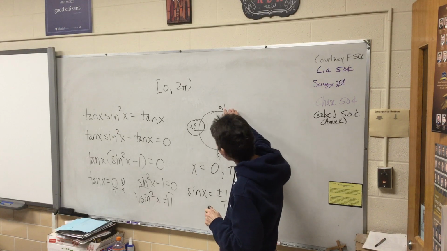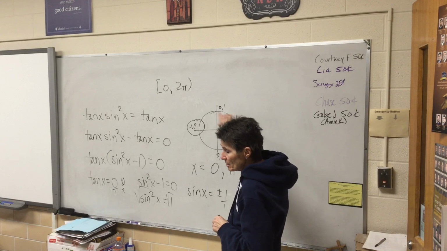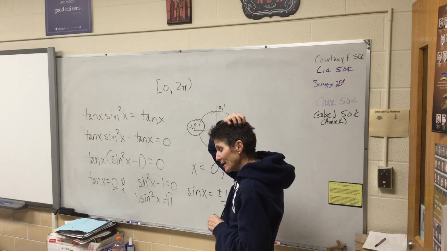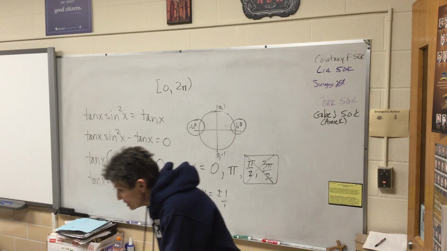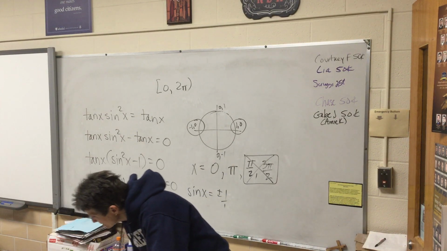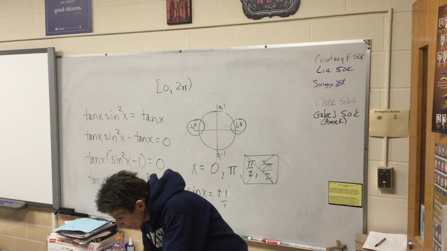But tangent is not okay here because it is undefined. So we always kind of have to keep that in the back of our minds. All right? And you're going to keep that in the back of your minds until we do this again, which is after our test.